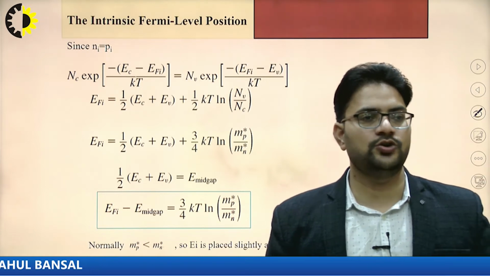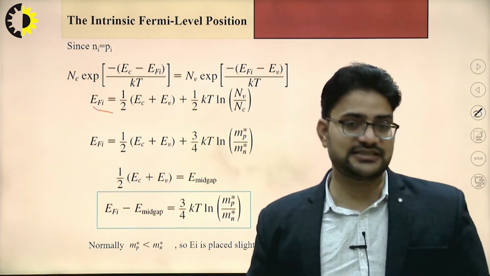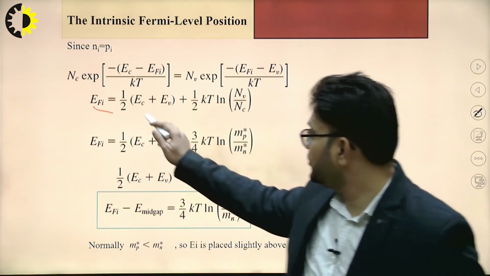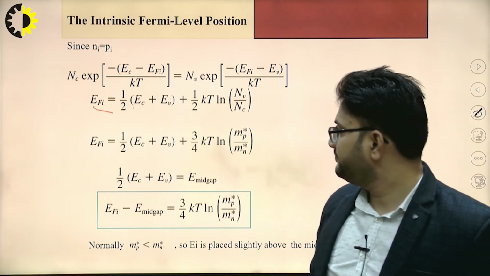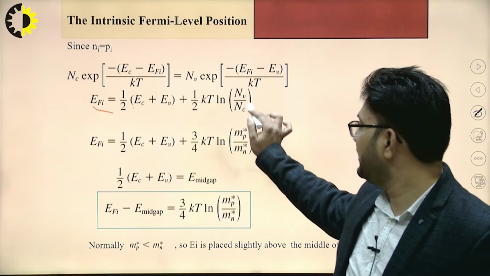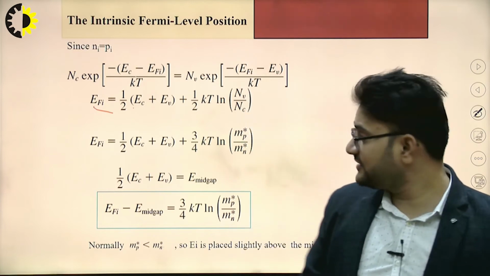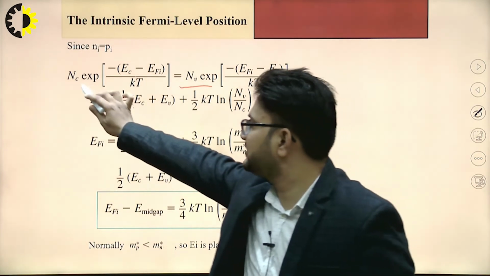So this Efi, the Fermi level of the intrinsic semiconductor, is equal to half of Ec plus Ev plus half of kT natural log of Nv divided by Nc. So this is the mathematical relation we get by solving for Efi in the first equation.